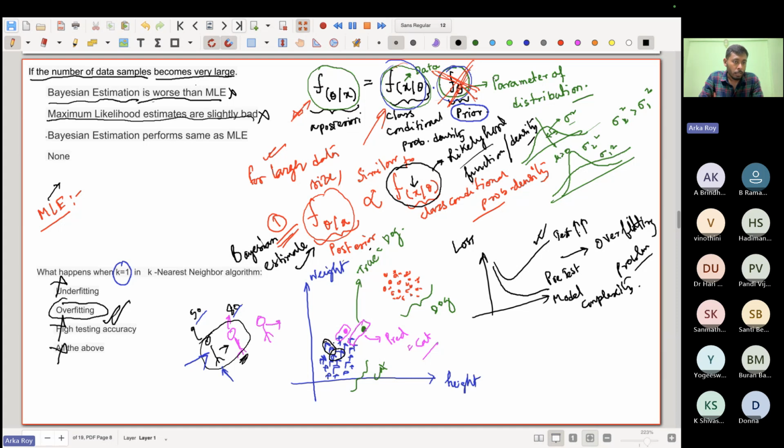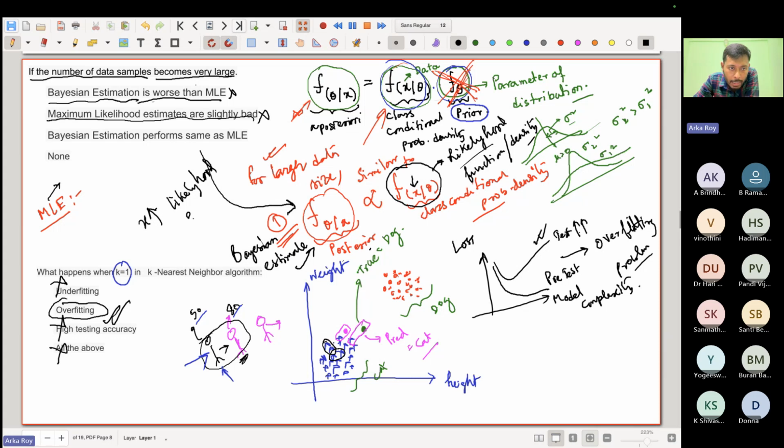But as far as this MCQ question is concerned, the third statement is Bayesian estimate performs same as MLE. The inference I was trying to draw is that this was the Bayesian estimate. For larger amount of data, Bayesian estimate is proportional to class conditional density, which is the likelihood function. If you have larger amount of data, your MLE will perform very well because you will get a very close estimate to the original one.